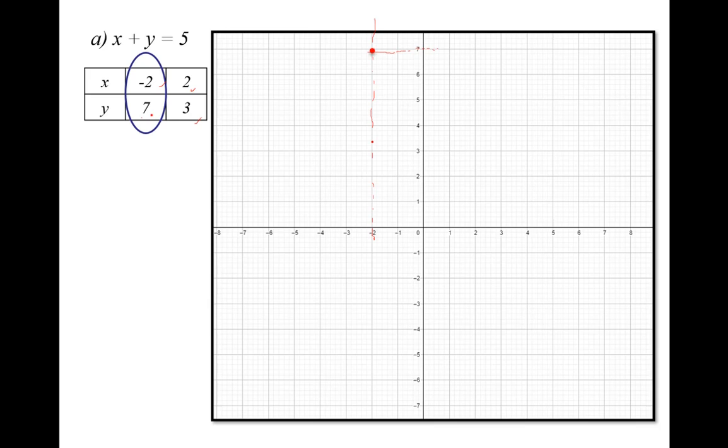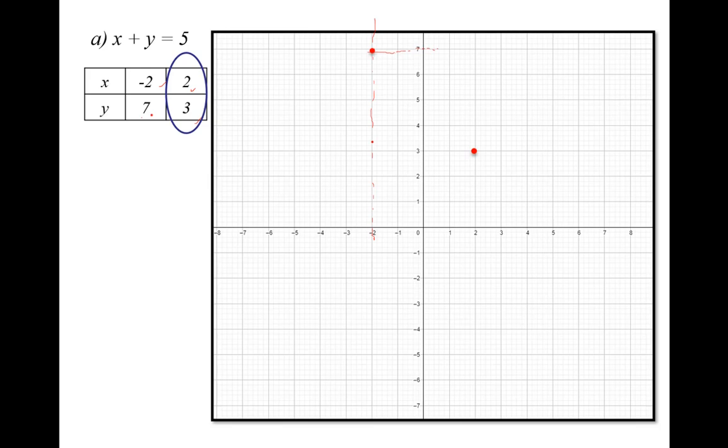Then, we have the next ordered pair, 2, 3. So, pag i-graph natin or plinot natin, ang tawag natin kapag we're trying to identify sa ating Cartesian coordinate system yung isang ordered pair is plotting. Plotting the point.